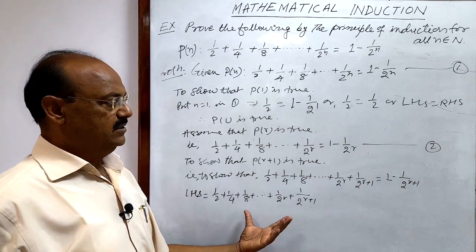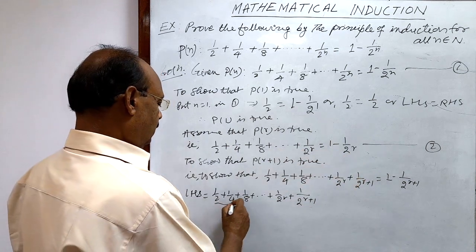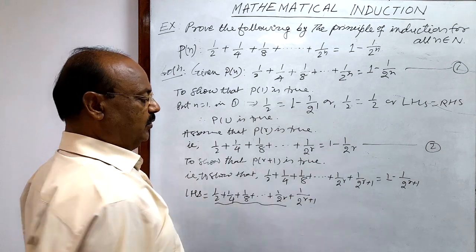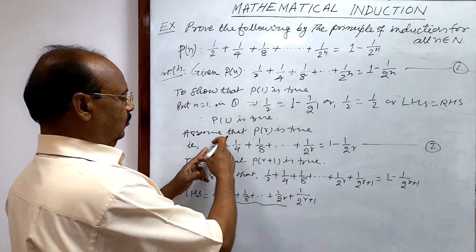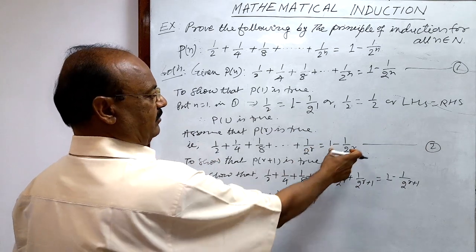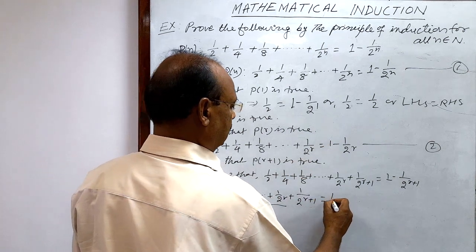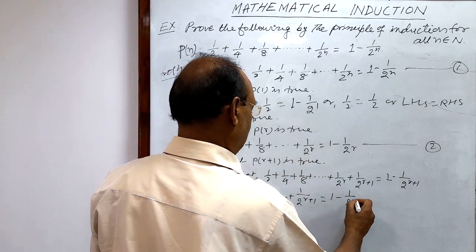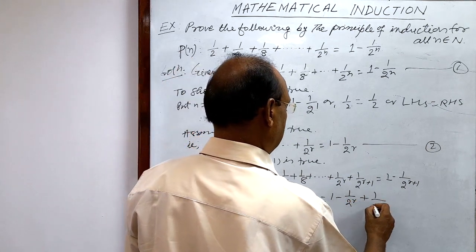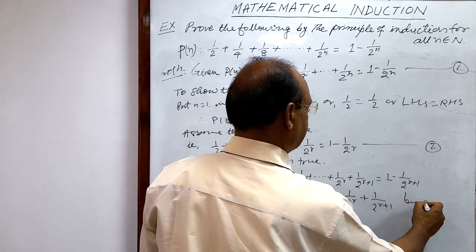But you see, in relation number 2, up to this part, 1/2 to 1/2^r, we already have this value, so we can use it here. So this is equal to 1 minus 1/2^r, and the last term is 1/2^(r+1). This we have written by relation number 2.